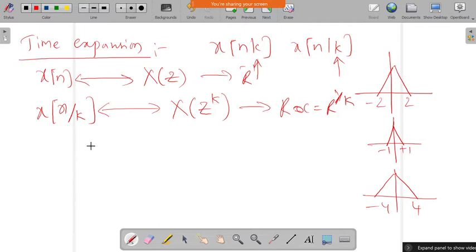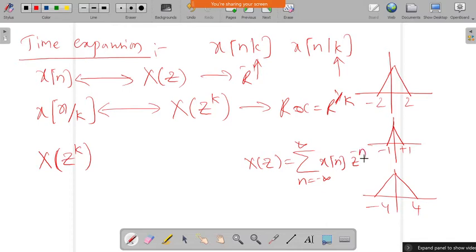So now we can directly write x of z power k. In the standard expression we have x of z equal to the summation of x of n into z power minus n. Here, instead of z, we will have z power k, because it is the expanding factor, so in the z transform it will be multiplied by that factor.